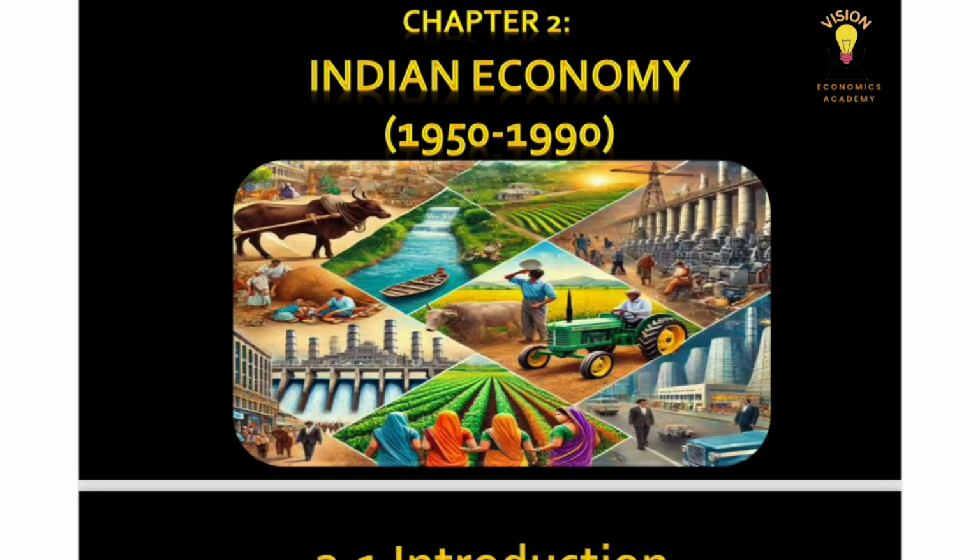This particular phase of India's economic history is important because it helped us to see how past policies shaped the present.